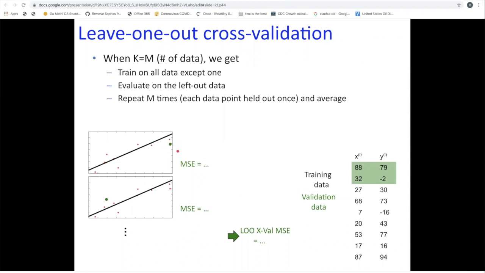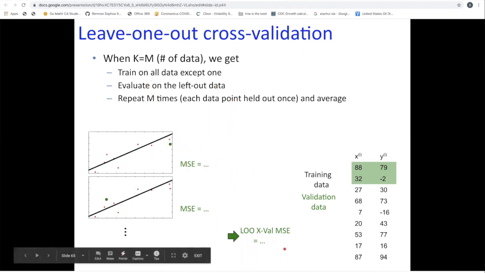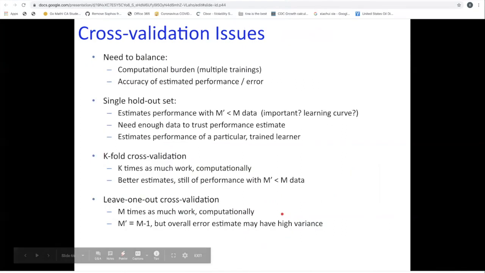It could happen that this sample is just an outlier, and as a result, maybe your model is correct, but because you have only a single data point, your evaluation might be very biased. That's the disadvantage of leave-one-out cross-validation. So your overall final cross-validation MSE may not be as good as k-fold cross-validation. This is the trade-off you have to think about.